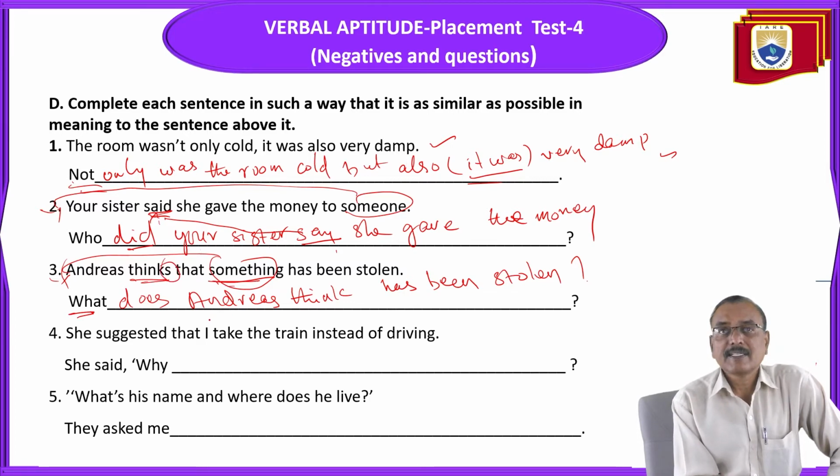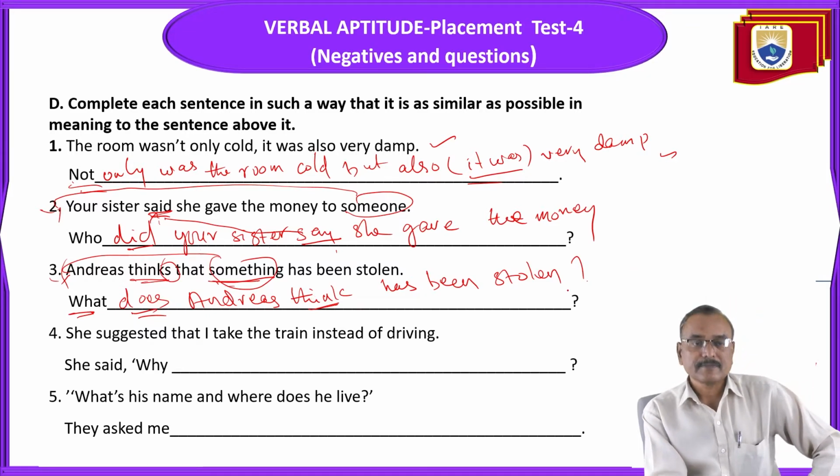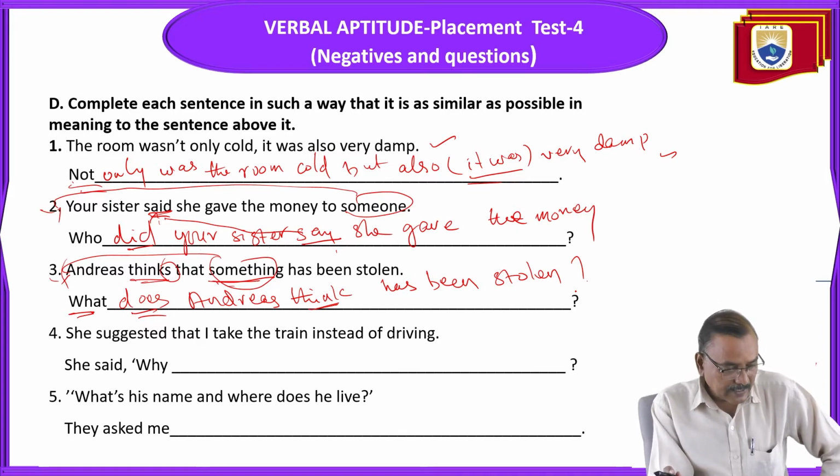Thinks is the combination of does plus think. Does plus think becomes thinks. So from thinks we are bringing out the helping verb. What does, subject Andrews, then main verb think, has been stolen. Right? Next.